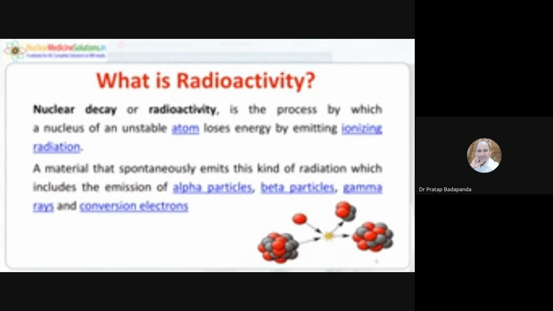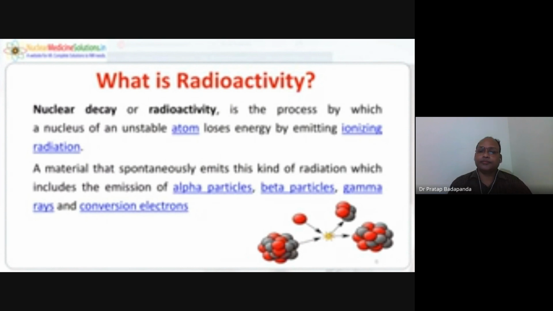If you see the literature, nuclear decay or radioactivity is the process by which the nucleus of an unstable atom loses energy by emitting ionizing radiation. A material that spontaneously emits this kind of radiation, which includes the emission of alpha particles, beta particles, gamma rays and conversion electrons. So this tells what radioactivity is.